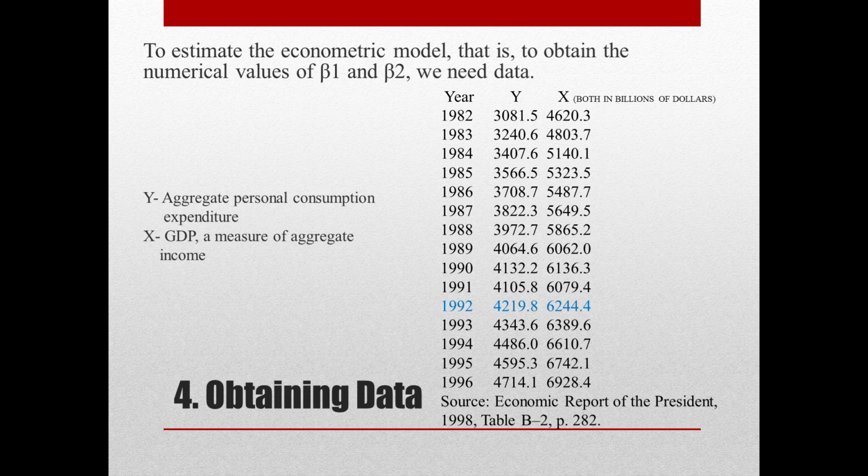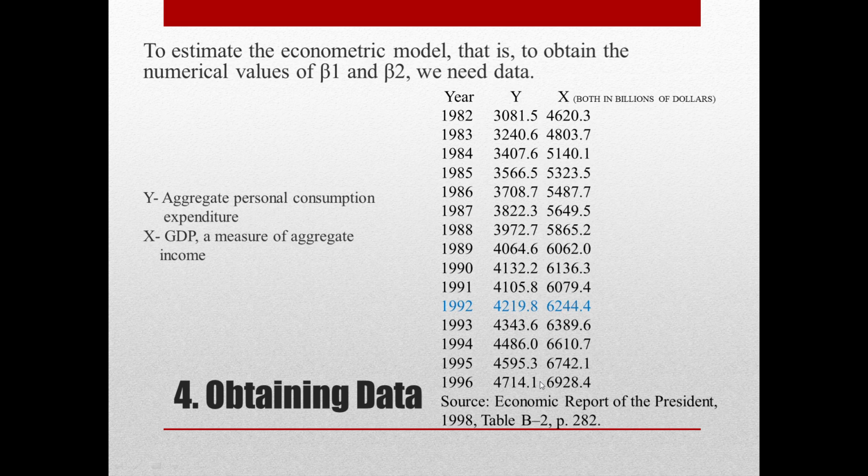So we have obtained the data on y and x, where y is the aggregate personal consumption expenditure and x is the GDP, which is a measure of aggregate income. The data is from 1982 to 1996, right?